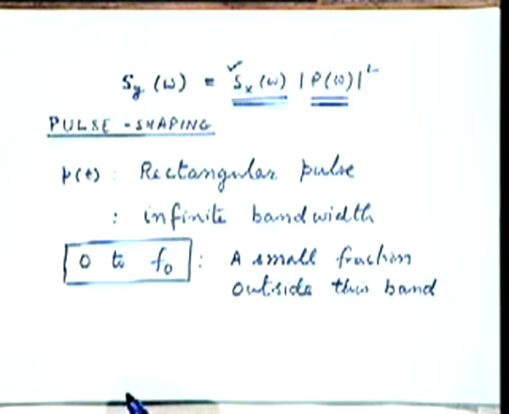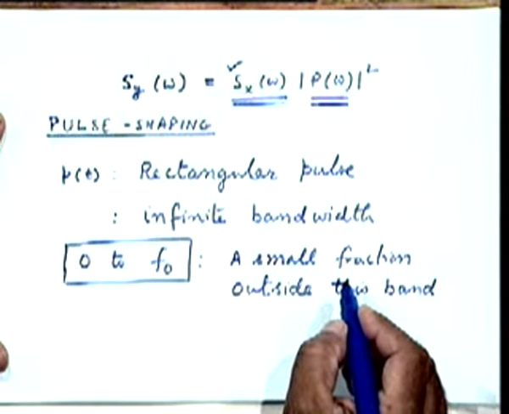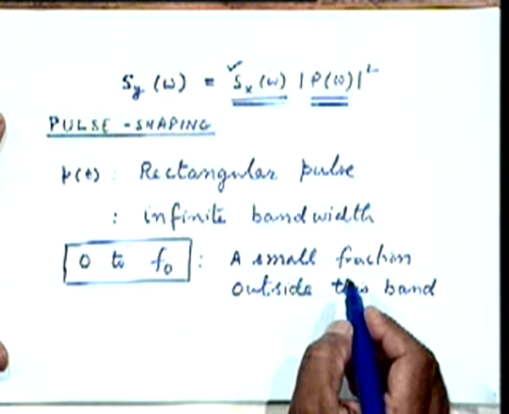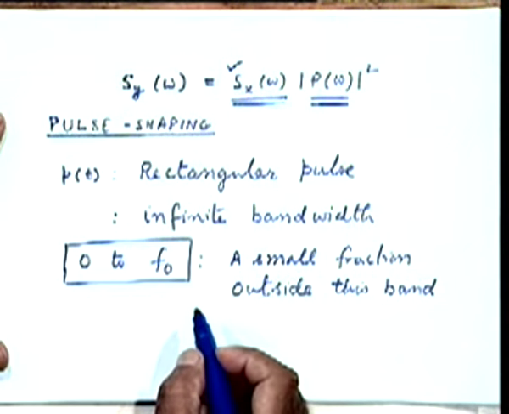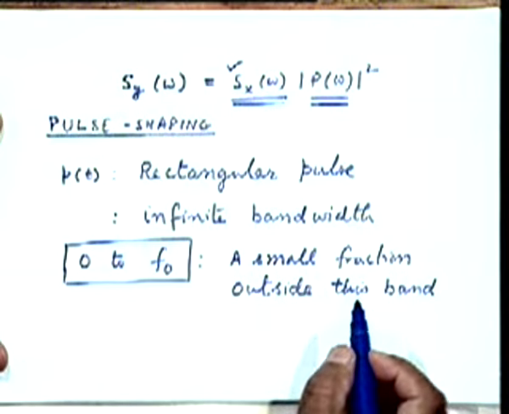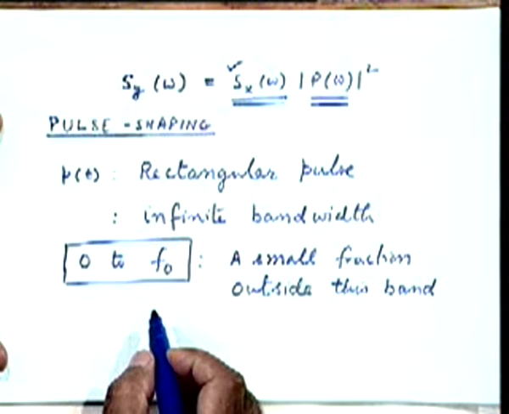Now when you transmit it over a band limited channel, this small fraction which lies outside the band can create problems for us. See, in practice we will not be allowed to use more bandwidth than is allocated to us for transmission at a certain rate.